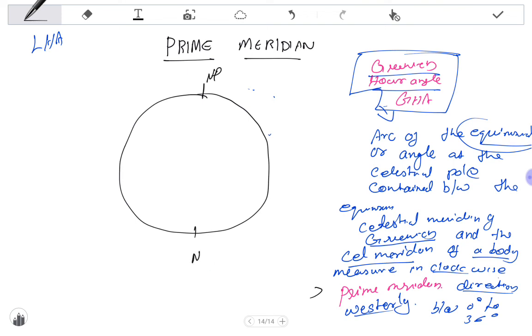What is the observer's meridian? If you are standing somewhere on the earth, you also have one meridian passing through you. That meridian is called the observer's meridian.